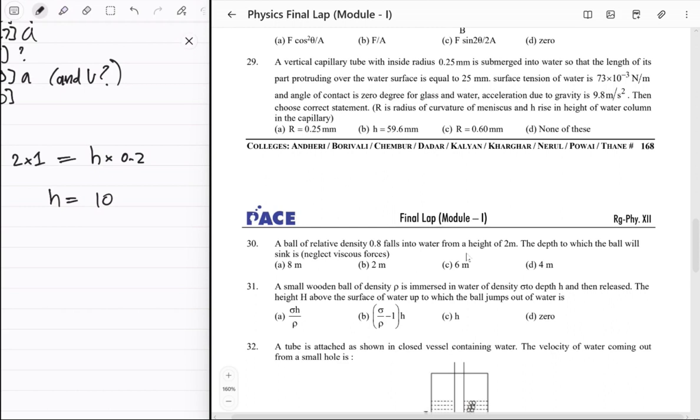If your ball पे acceleration लगने वाला है, it's g downward, but then इसने displace किया, so actually it's 0.2g upwards, right? So h must be 10 but that's not here for some reason. God, what's even going on over here? Right, 2 meters.